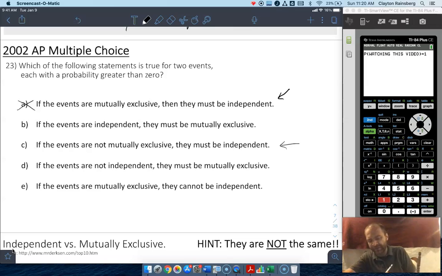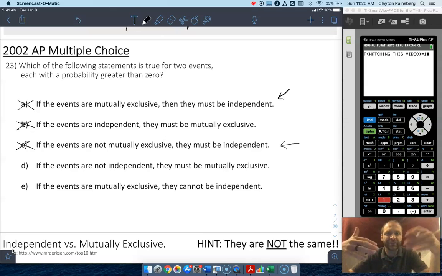Now, I'm going to cross out B, and I'm going to cross out C. Because B, if the events are independent, they must be mutually exclusive. No, we've discussed that already. C, if the events are not mutually exclusive, they must be independent. It's a possibility. It's not guaranteed. So it's not the most correct answer. So I'm looking at choices D and E here.